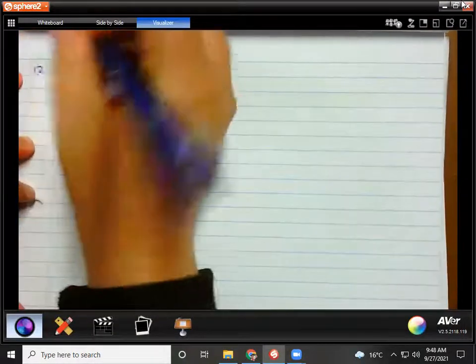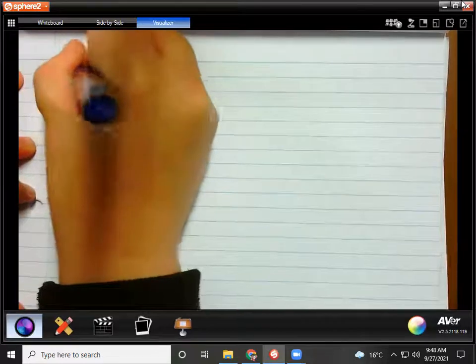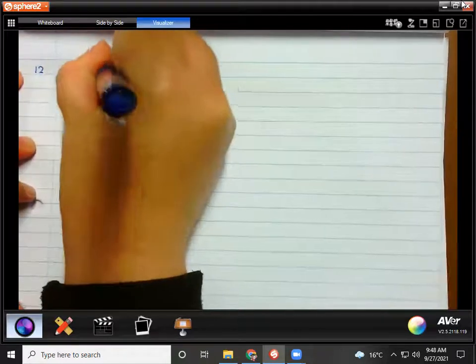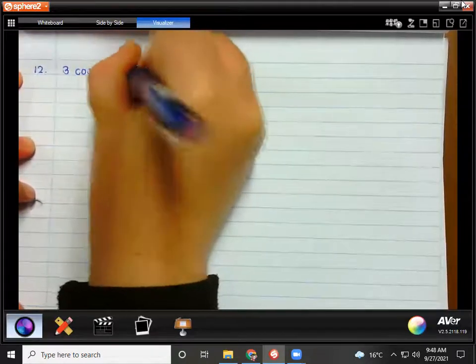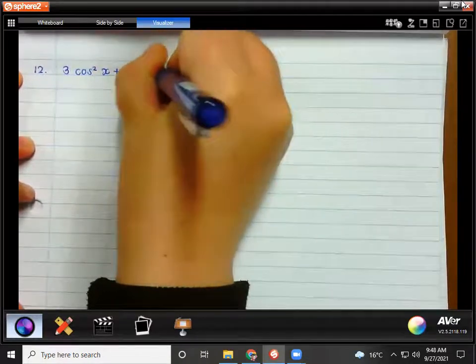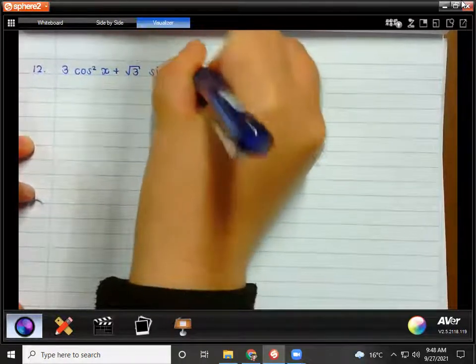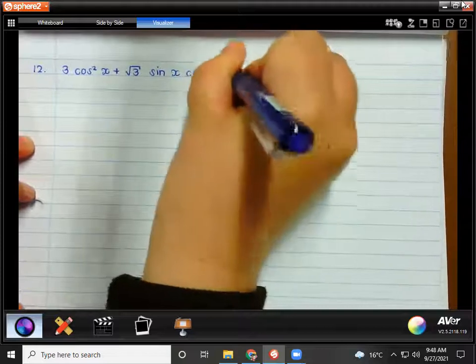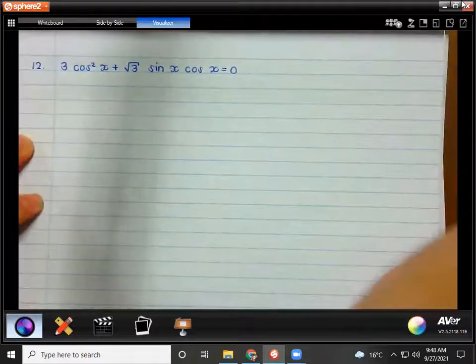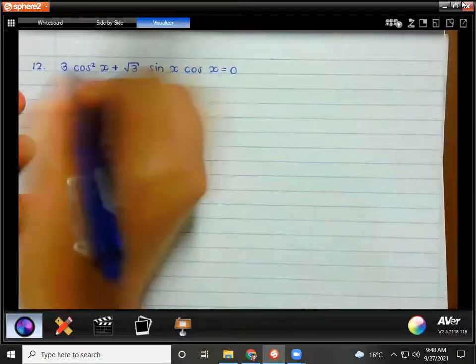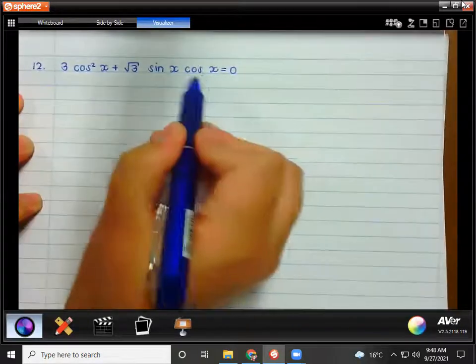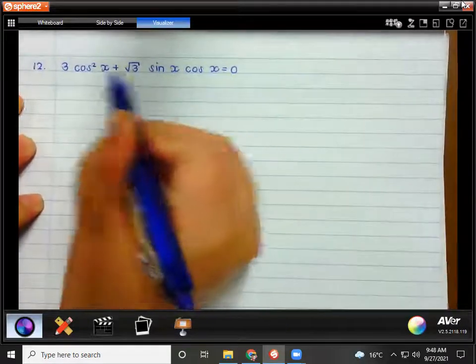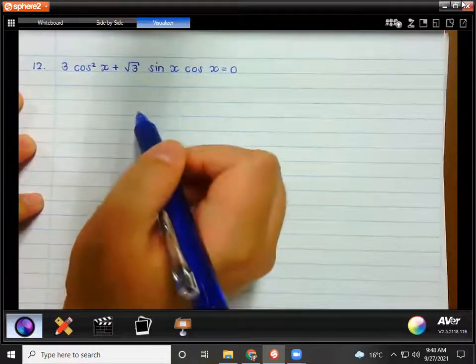Okay, so 12. This one is 3 cos squared x plus root 3 sine x cos x equal to 0, right? Sorry, I did copy it down incorrectly. Okay, so we can see that we have two terms here, but luckily we have a cos x in both of them. So we're not going to have to change anything here.